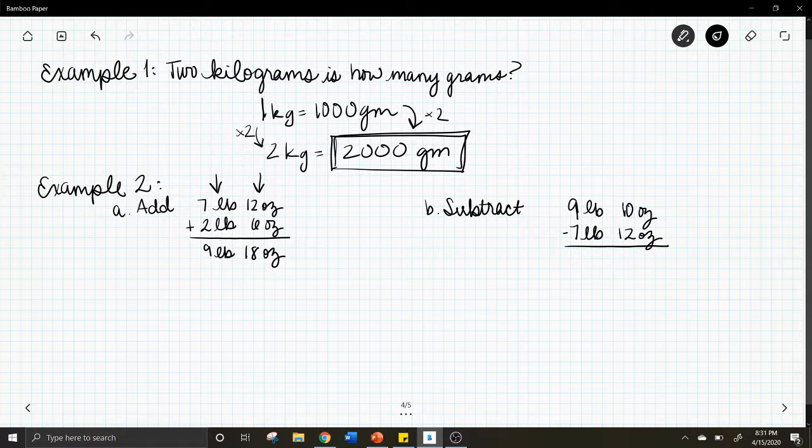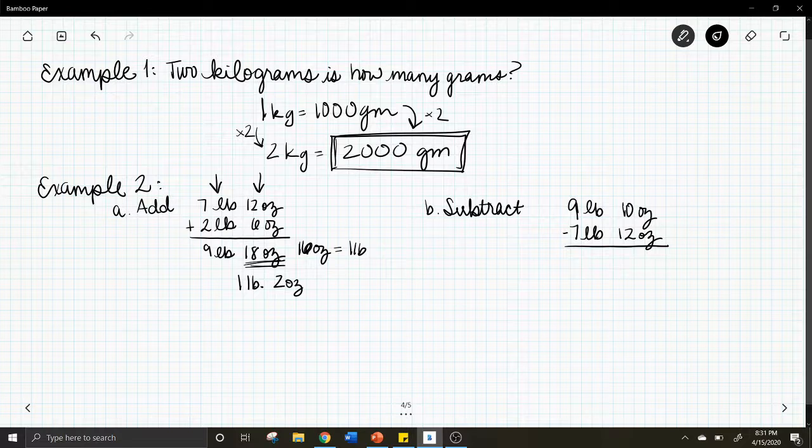But you'll notice here that our ounces is above 16. Now, remember there are 16 ounces per pound. So because this is above 16, we're going to change this into 1 pound and 2 ounces, because 16 ounces is 1 pound.